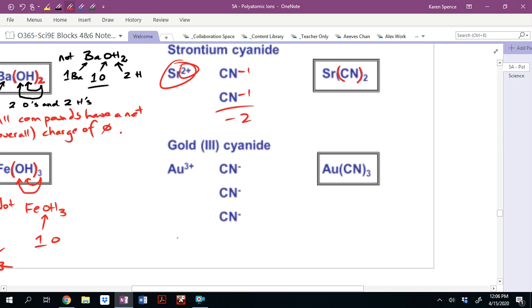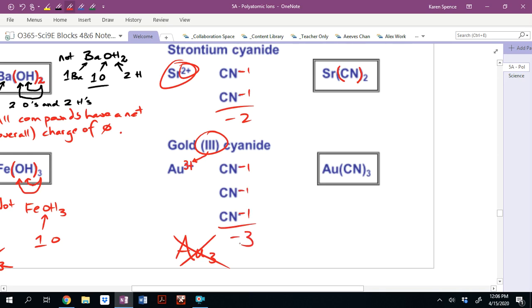And gold 3, remember that does not mean that we have 3 golds. It means that the charge of the gold is 3+. That 3 right there tells us the charge of the gold. If each cyanide is -1, we need 3 of them to give us a total negative charge of -3.